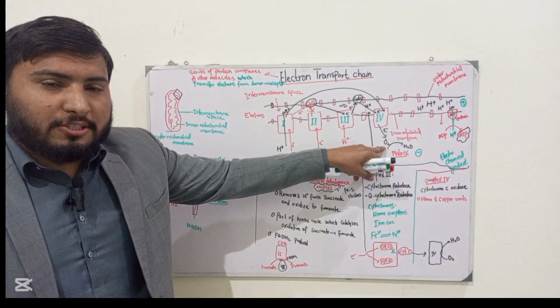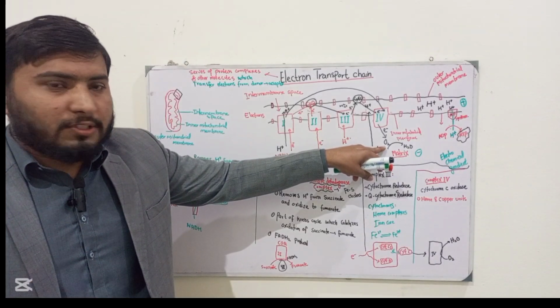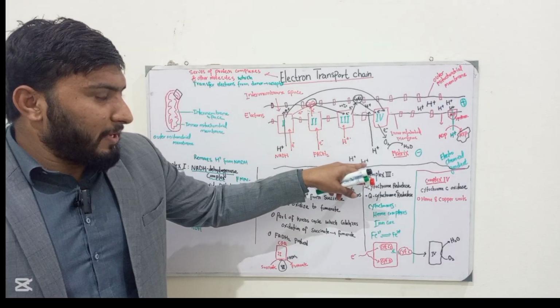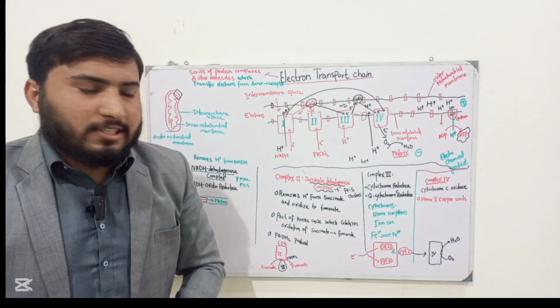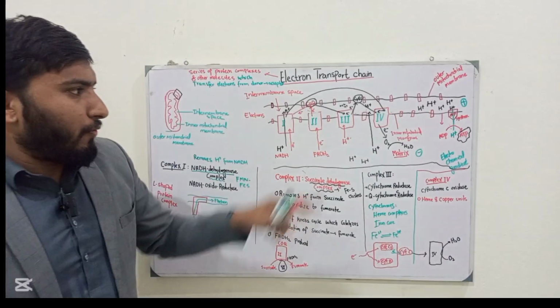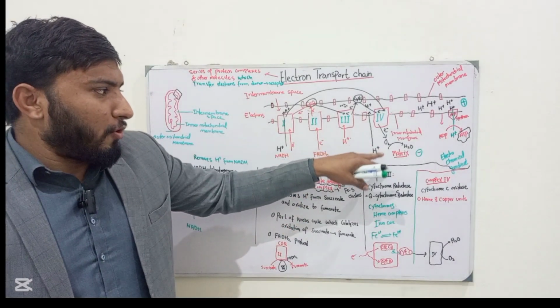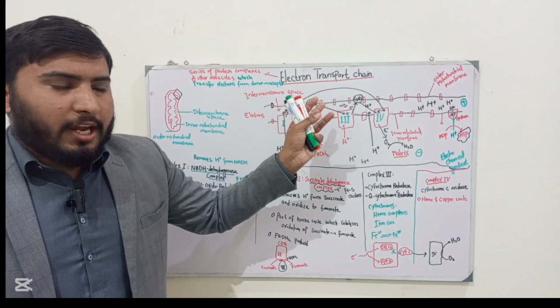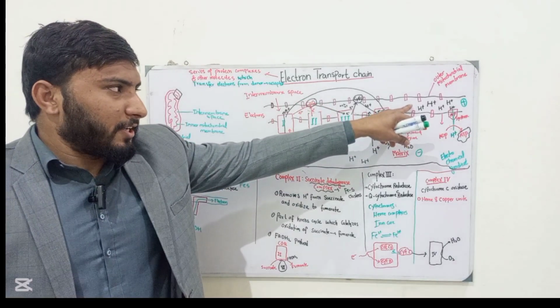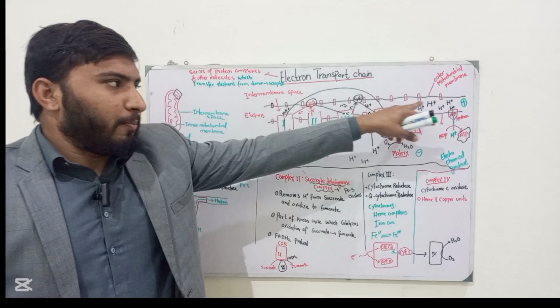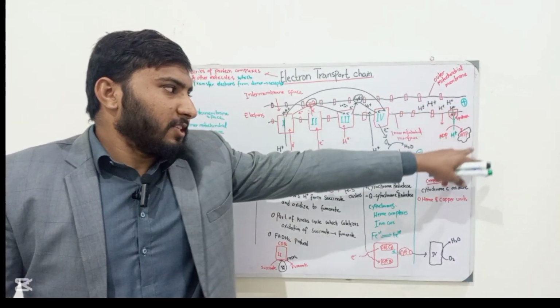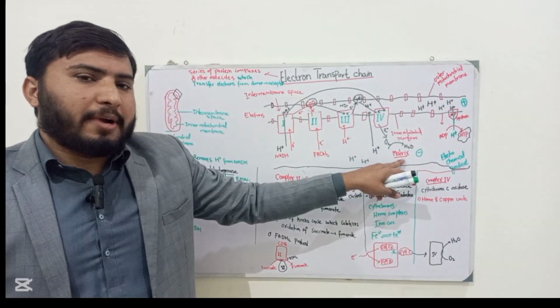Oxygen splits into two oxygen atoms and hydrogen ions from the matrix combine with oxygen to form two water molecules. Continuous pumping of hydrogen ions from the matrix to the intermembrane space collects hydrogen ions in the intermembrane space and creates an electrochemical gradient: positive charge in the intermembrane space and negative charge in the matrix of the mitochondria.